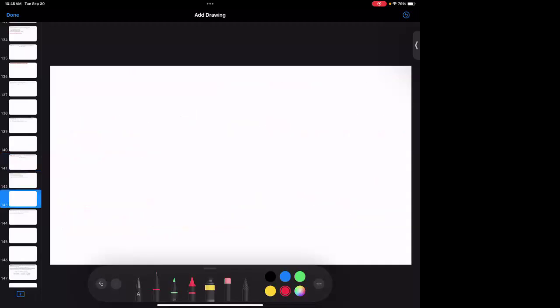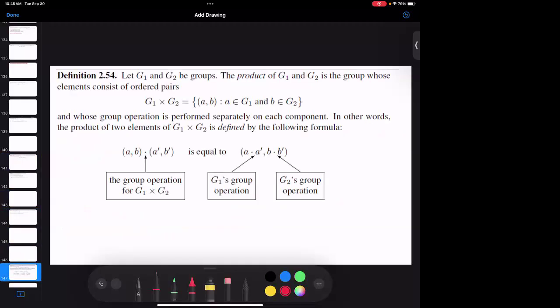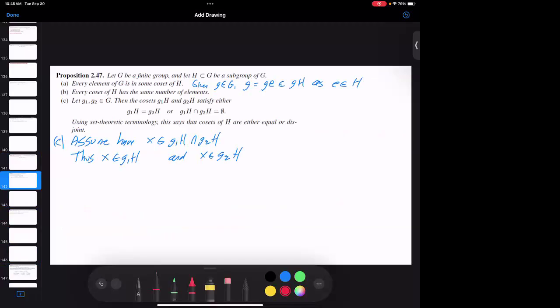So going back to our proof, if x is in g1H, we must have an h1 in H with x equals g1h1, just trying to use good notation, and an h2 in H with x equals g2h2.